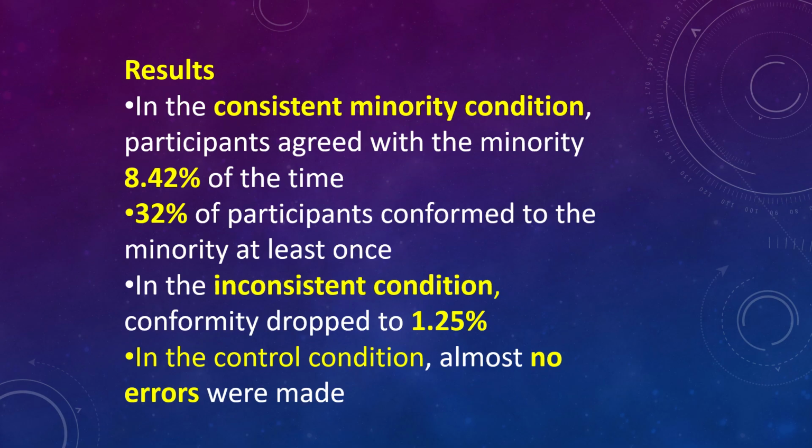Here it was 8.42, but in the inconsistent condition 1.25, because sometimes the minority said blue and sometimes green, so the acceptance dropped. In the control condition, almost no errors were made, because there's no confederate, so there's no error.